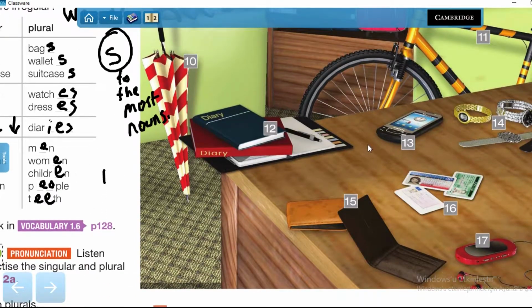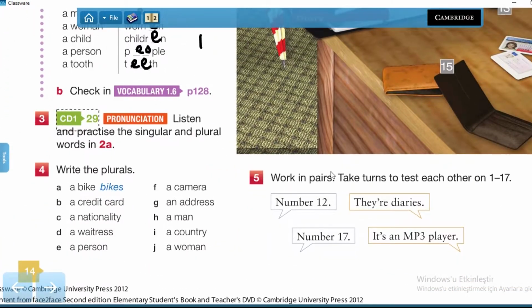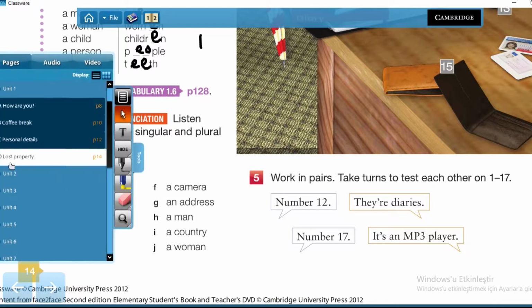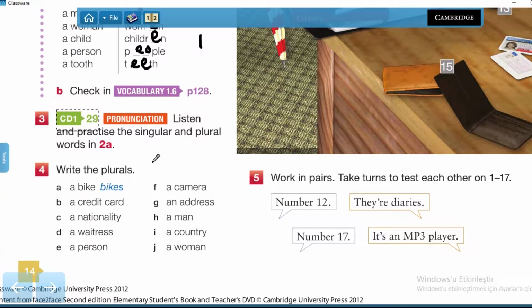Wallets. Now, let's write exercise 4, the plural forms. A bike, the plural form becomes bikes. We add only S. A credit card, again we add S, credit cards. A nationality.